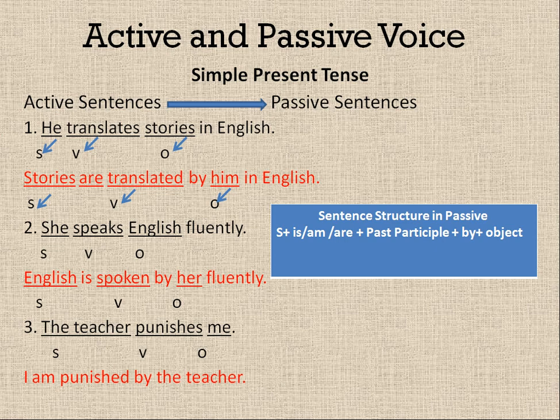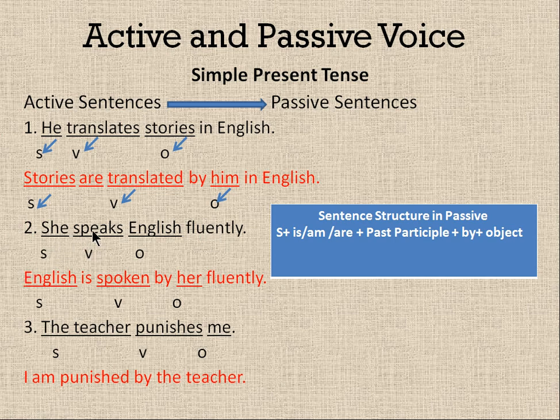In sentence number 2, she speaks English fluently. Students should differentiate between subject, verb and object in all sentences in order to convert them from active into passive voice. She speaks English fluently.